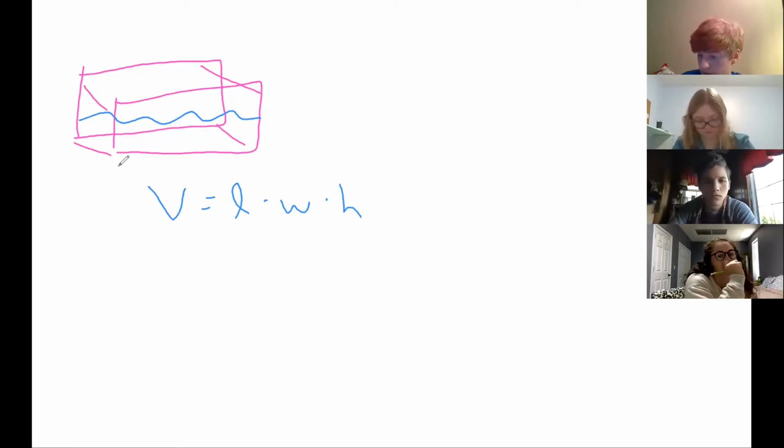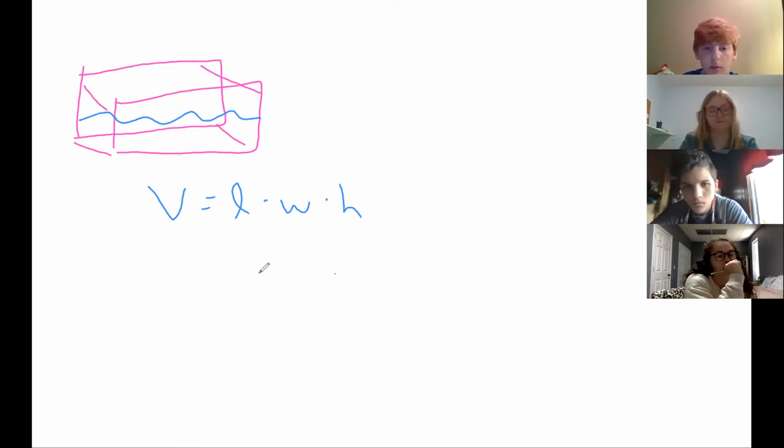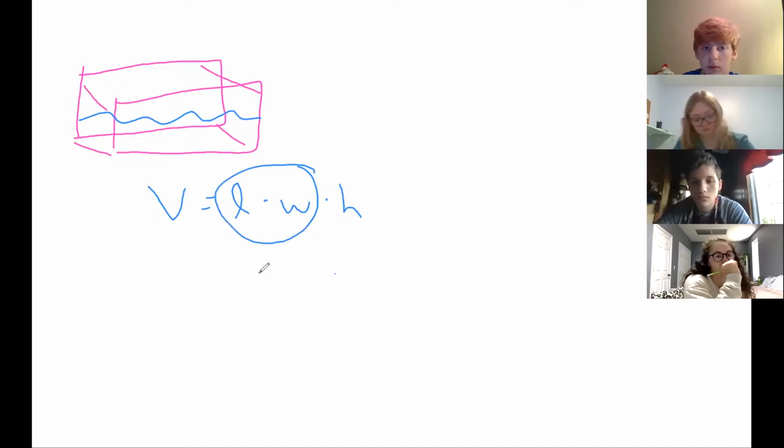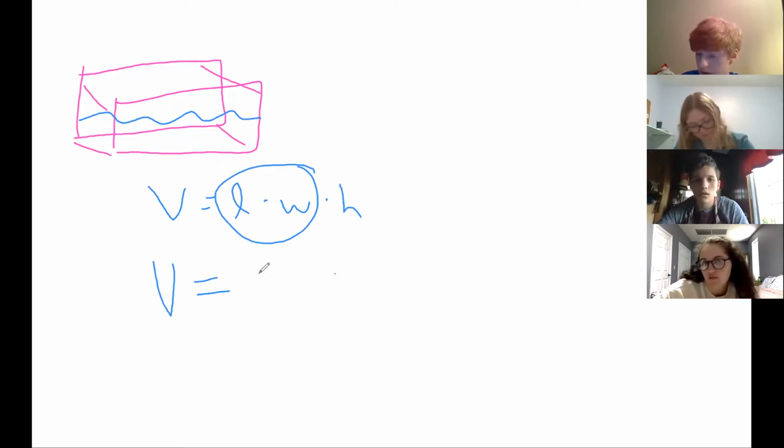Okay, so with these parts, are the length and the width of this tub going to be changing at all as it's filling up with water, since it's a rectangle? No. And so because of it, these two get to be constants. So what were the length and width of this rectangle? 4 feet long and 0.5 feet wide.